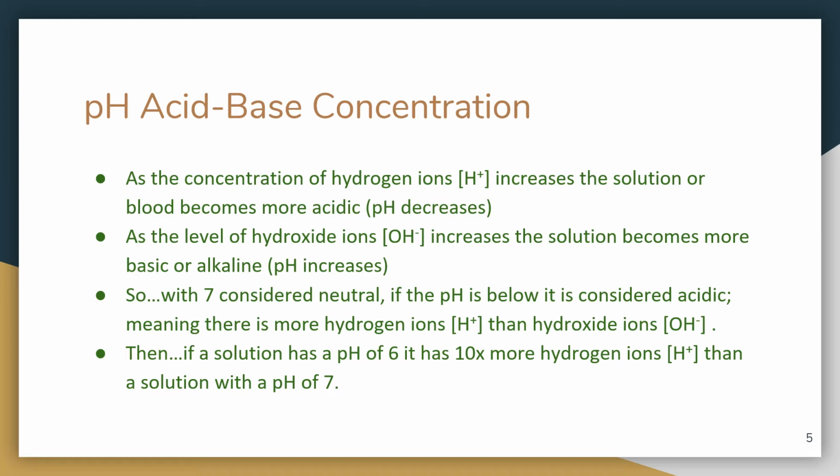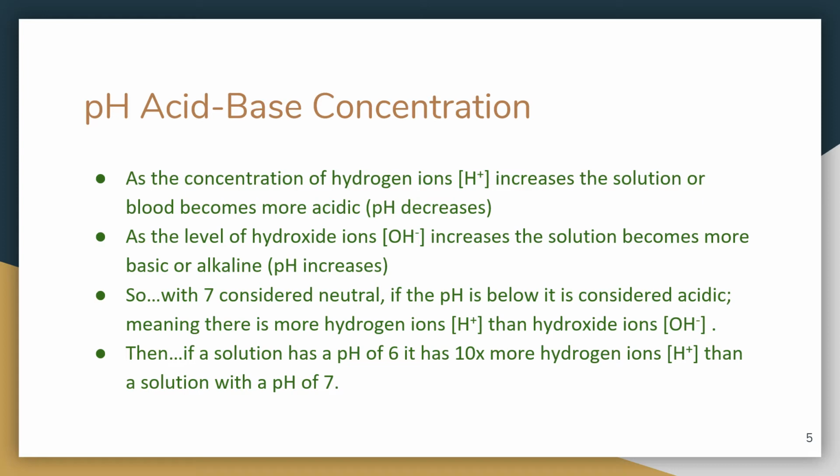If a solution has a pH of 6, it actually has 10 times more hydrogen ions than a solution with a pH of 7. So that's the ratio there: for every change in pH by one number, you would have 10 times the increase of hydrogen ions, your H.